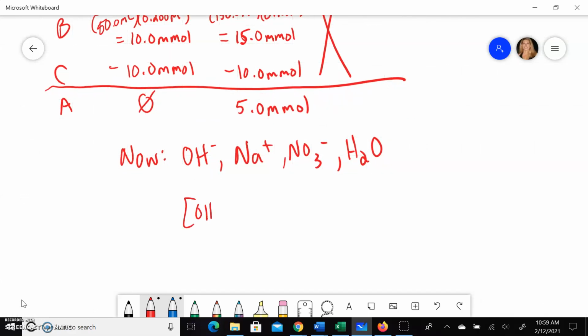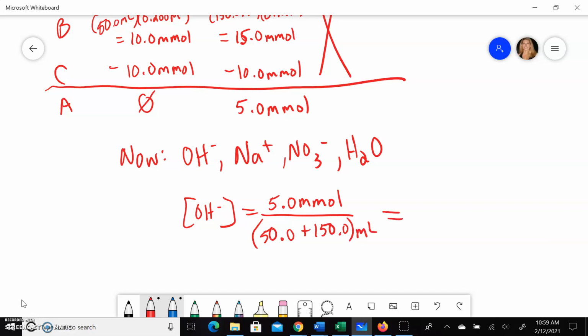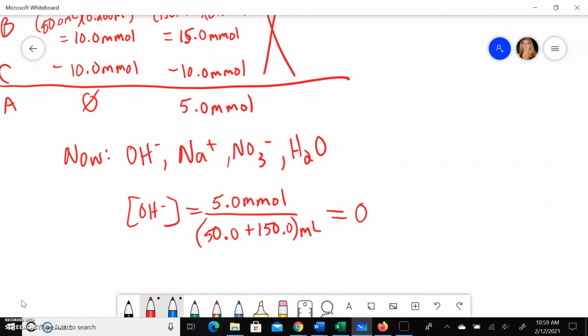So we can say that the concentration of the hydroxide, make sure you get it into moles per liter. Don't just do the negative log of 5 because it's not 5, it's not the concentration, it's the millimoles. Don't forget to add together all of your volumes because the change in volume will change the concentration. These are both in millis, so the millis cancel and you end up with moles per liter.